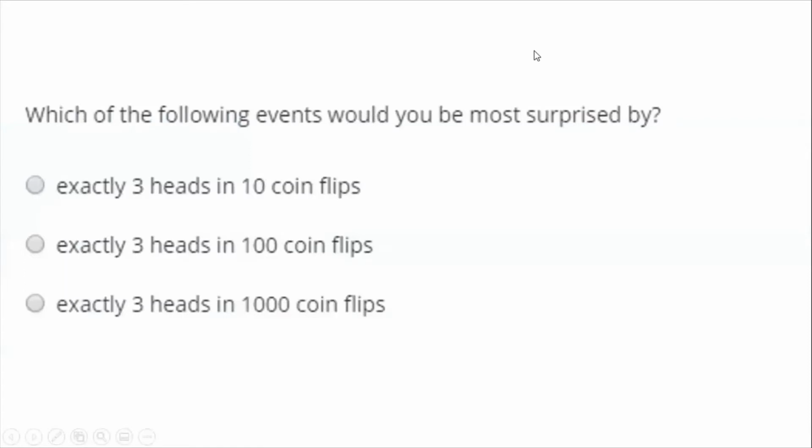Okay, so let's take a quiz here. Which of the following events would surprise you most, A, B, or C? A is exactly 3 heads in 10 coin flips, B is exactly 3 heads in 100 coin flips, and C is exactly 3 heads in 1,000 coin flips. Which would surprise you? What do you think?